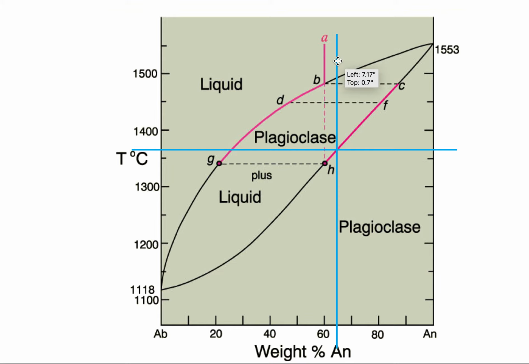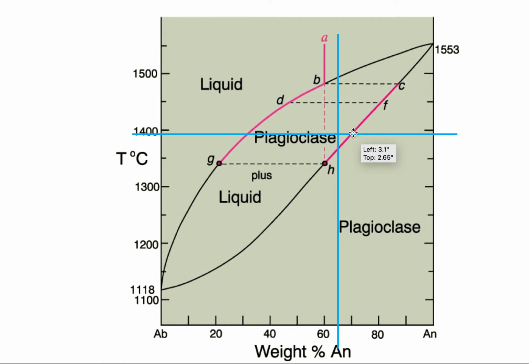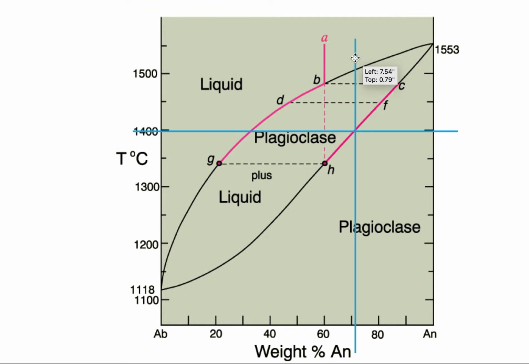So the new solid would be, just picking an arbitrary, let's pick an even temperature. Let's say we raise the temperature to 1400 degrees. Then the solid would have a composition of about anorthite 71 weight percent, and then the liquid that would be in equilibrium with that would be about 27% anorthite.